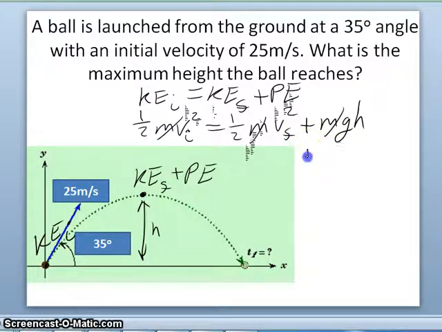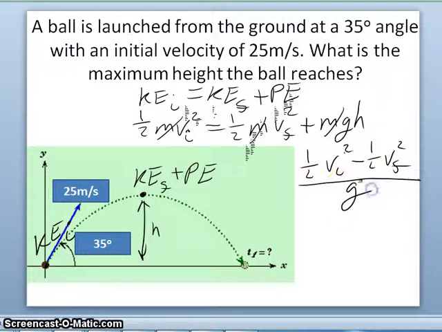So let's see, I have 1/2 v initial squared minus 1/2 v final squared, divided by g, and that is equal to my height. I can factor some stuff out.